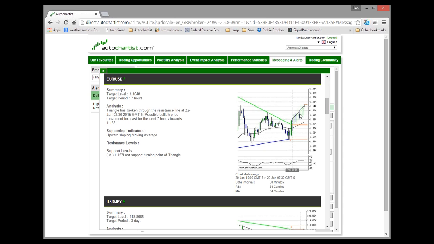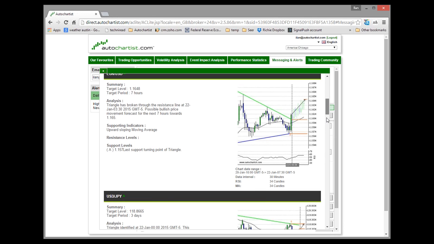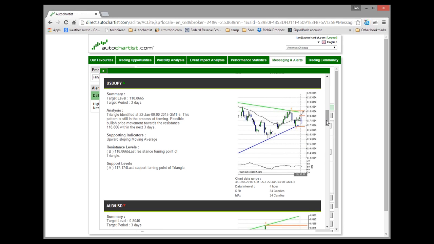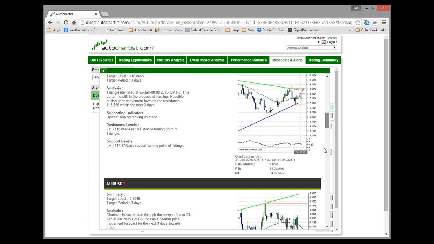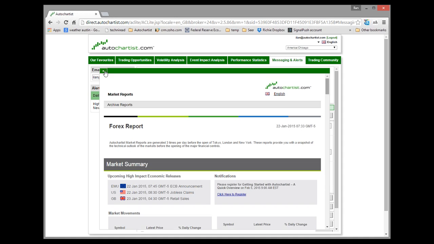We thought it was going to go up, and it certainly did go up quite a lot over that time period when this report was made. So there's a whole array of very brief summaries, a technical overview of the market, and what we expect for the next 8 to 48 hours of what's going to happen in the market. This is what I look at before I even open my trading platforms.